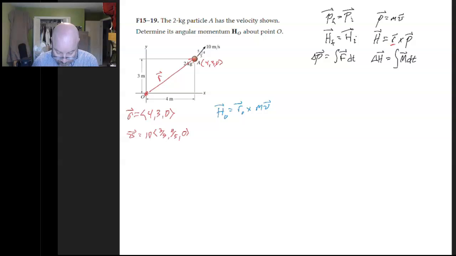So now I can say I've got 4, 3, 0 crossed with the mass, which in our case is 2 kilograms, the velocity, which is 10 meters per second, times the components of my velocity vector, 3/5, 4/5, 0. It should be a cross, not an X. So there's my cross product.